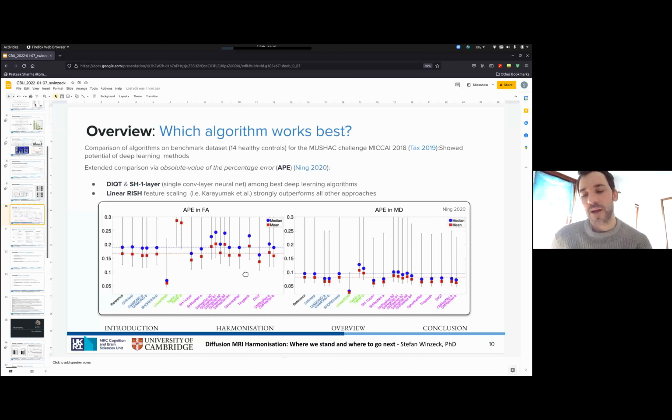But applying combat for different studies, I found mixed results sometimes. Sometimes it helped, sometimes it didn't. And even if it helped, it's not 100% sure if you still can get rid of all the scanner biases. But this holds also true for all the other methods as well. So I think it's the early stages. We still don't know how much we can get rid of the scanner bias. Only because we reduce it doesn't mean it's not still there.